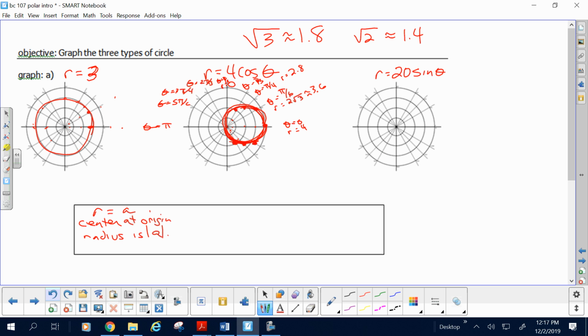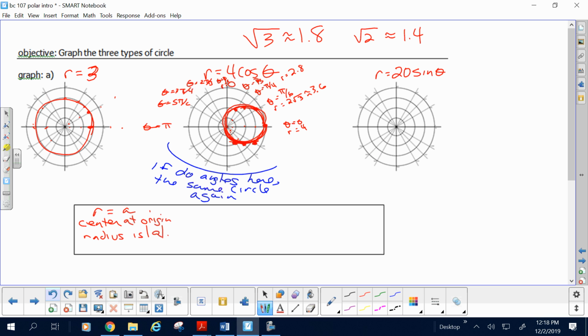Now, I can tell you, you can keep doing angles in here. If you do angles in these quadrants, you will get the same circle on top of itself. You're going to get negatives, which will back you up into the first quadrant. Here, though, they'll be positive, and you'll be going forward into the fourth quadrant.